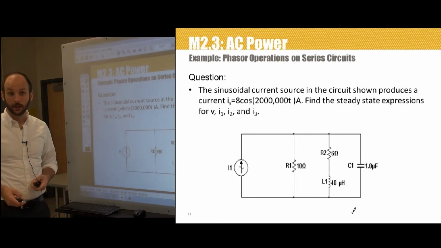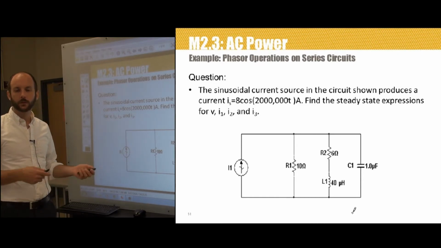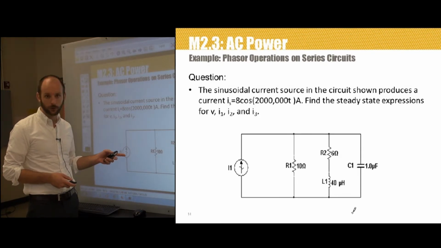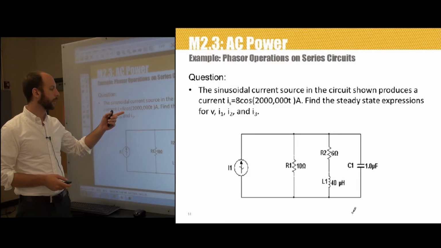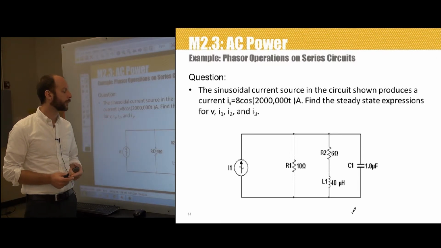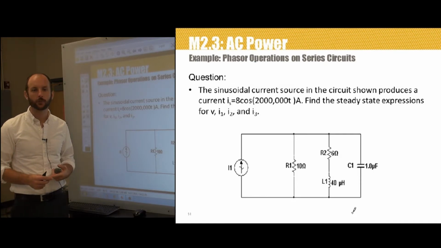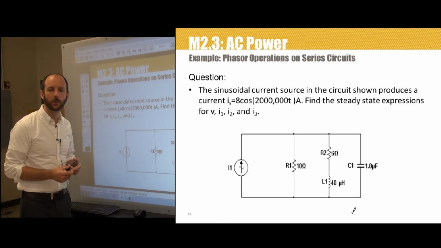So let's do a second example, right? We did series, so let's go ahead and do a parallel circuit. Here we have a sinusoidal current source in the circuit, and it's producing a time-variant current of 8 amps times the cosine of 2 million t, super high frequency. Not too realistic, but go with it, I guess.